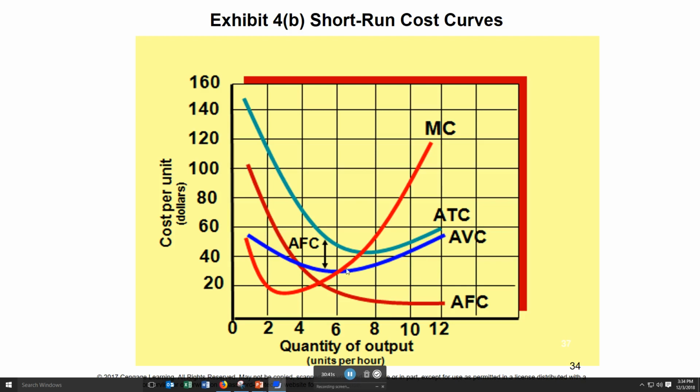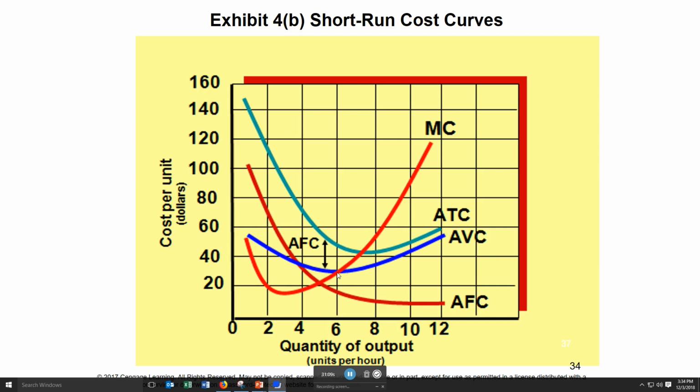The next curve we're going to look at is this dark blue average variable cost. Average variable costs start off high and decrease, and they reach a minimum point. Average variable cost is at its lowest where the marginal cost curve, this red one, the slanted J, crosses or intersects the average variable cost curve.